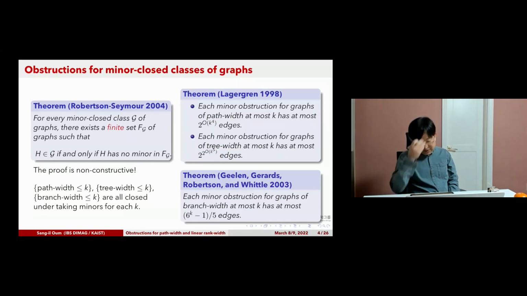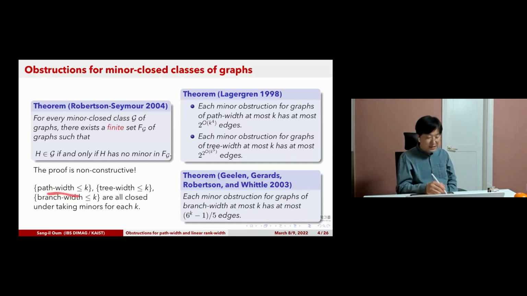And Jim, Bert, Neil, and Jeff proved that every minor obstruction for matroids of branch width at most k has this many edges. They proved it for matroids, but as a corollary, it implies that graphs of branch width at most k have this many edges.